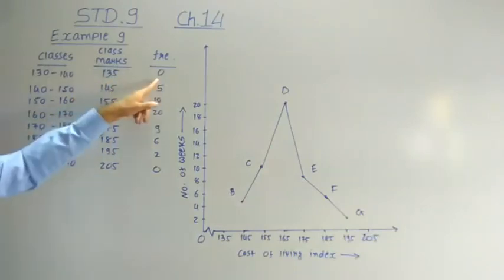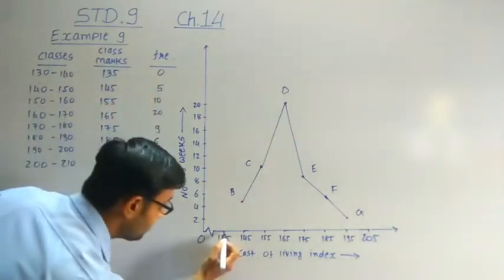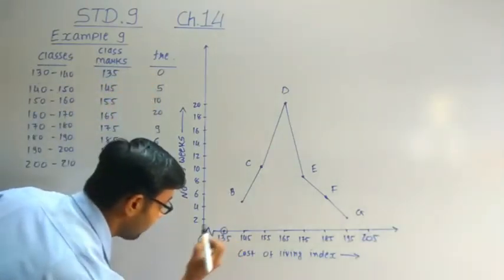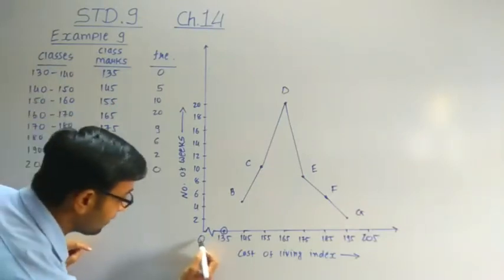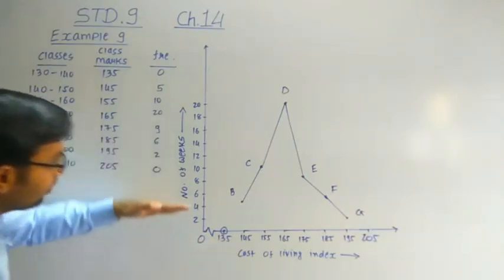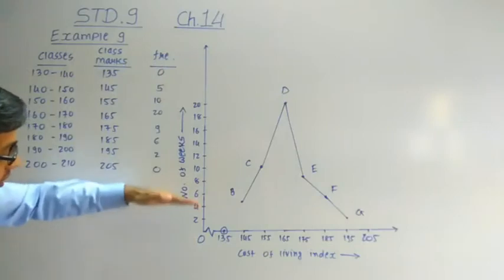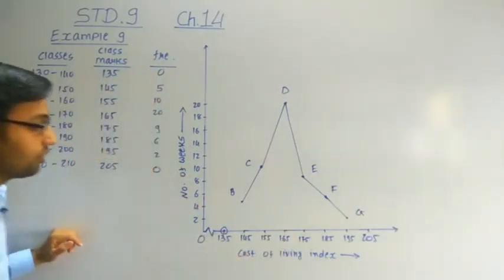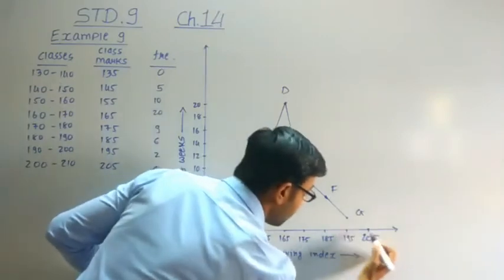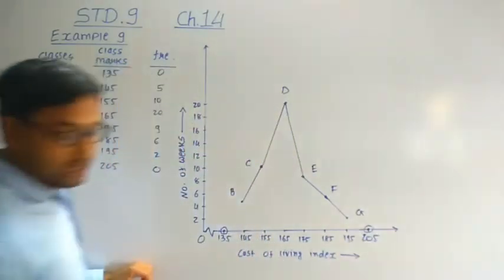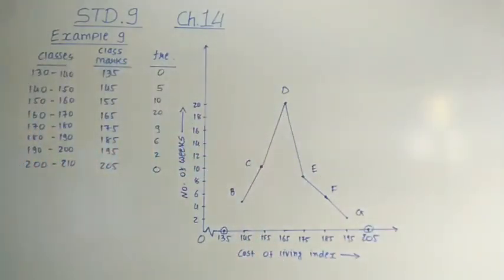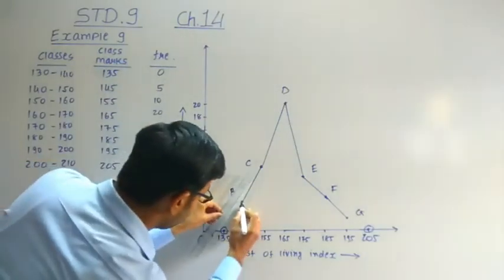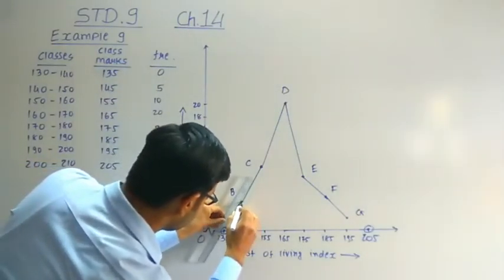Now what is the value of the frequency? That is 0. That means we have to consider this point itself, because here the frequency is 0. If we go on the vertical axis, the value is 0. In the same way, here also we get the 0 value. So now join the remaining part. Join this point with this.